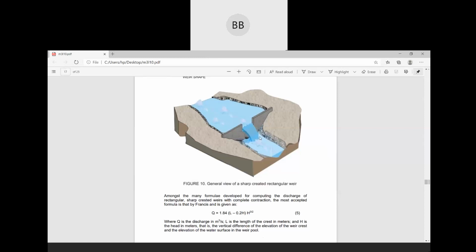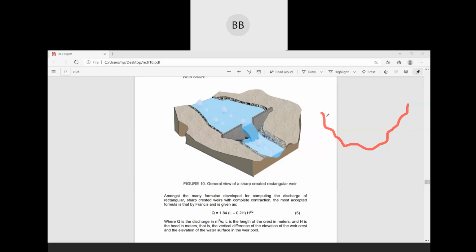Suppose for a particular river, we all know the cross section of the river is somewhat irregular. Then it's very difficult to find the exact discharge in that particular section.